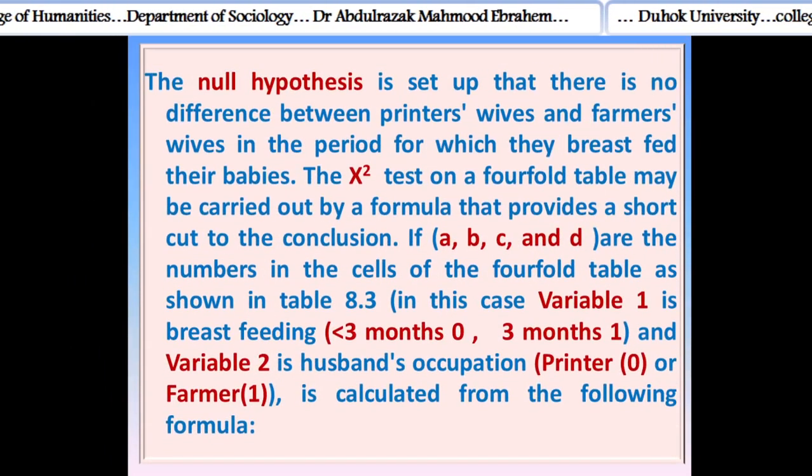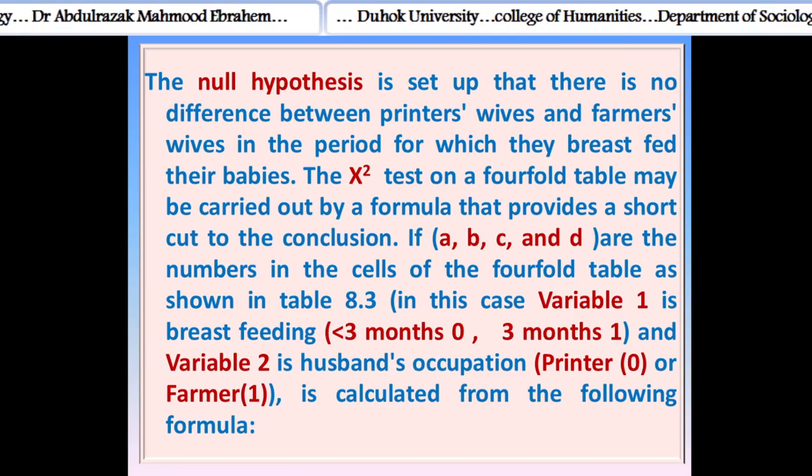The null hypothesis is set up that there is no difference between printers' wives and farmers' wives in the period for which they breastfeed their babies. The chi-square test on a fourfold table may be carried out by a formula that provides a shortcut to the conclusion.